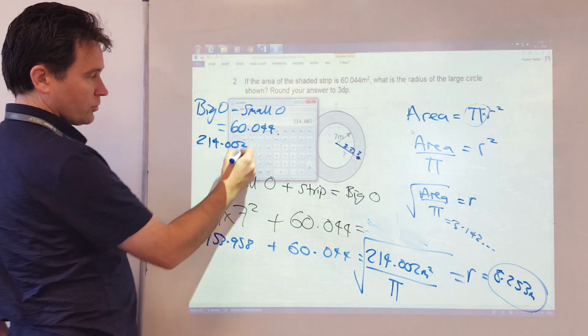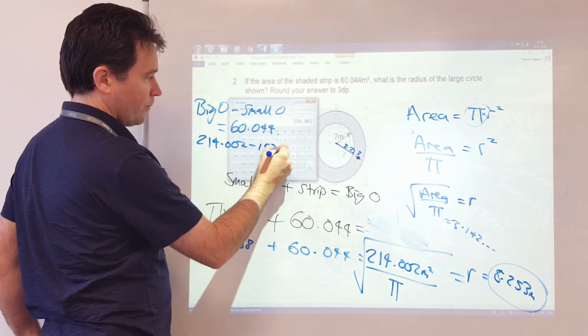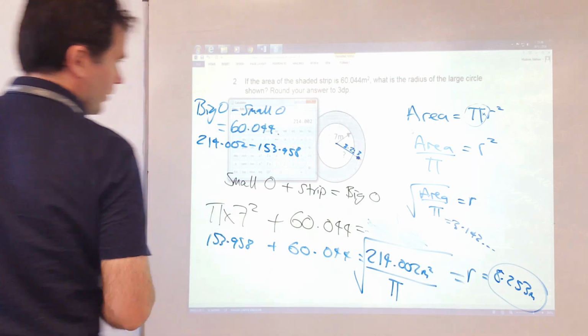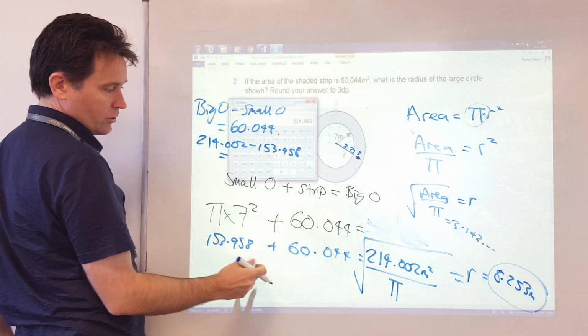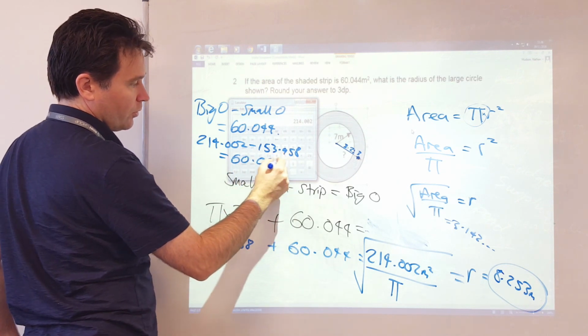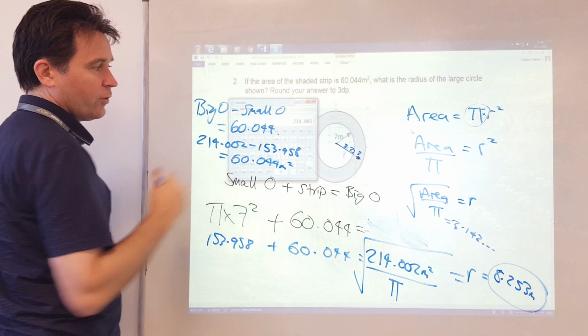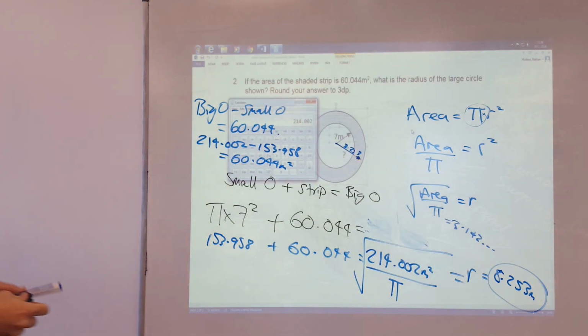And then if we deduct 153.958, then of course we know from these numbers that will give us 60.044. So it works forward and backwards. We've got some confidence that that's the correct answer.